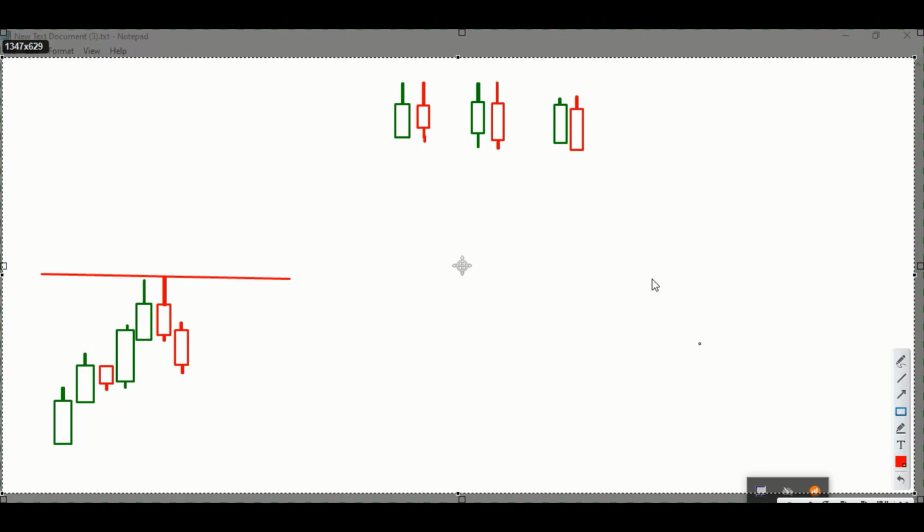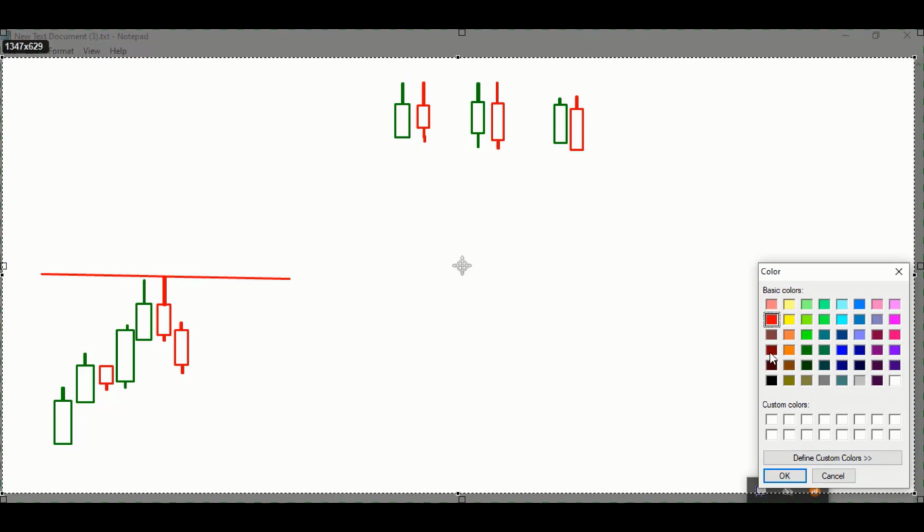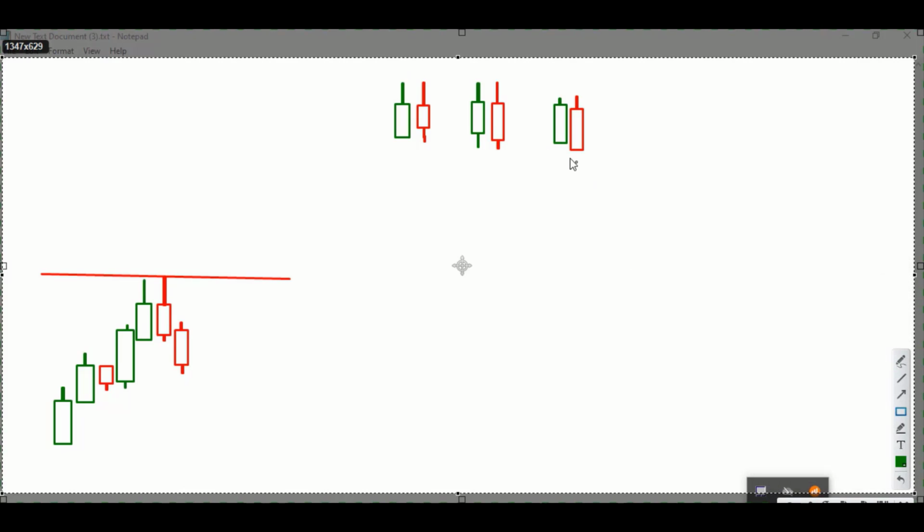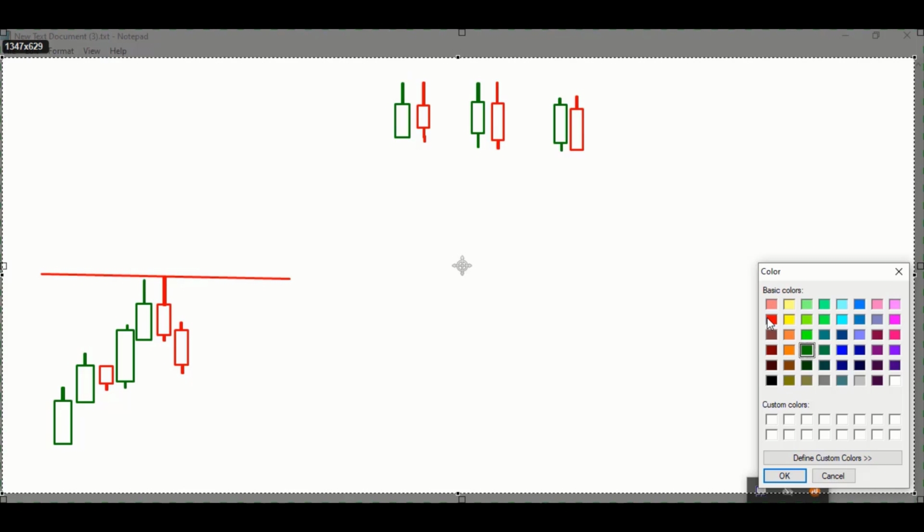So there are different shapes. We just have to know from where this rejection comes in these two candles. If these rejections are from a strong key level, strong SNR level, so the next candle obviously goes down.